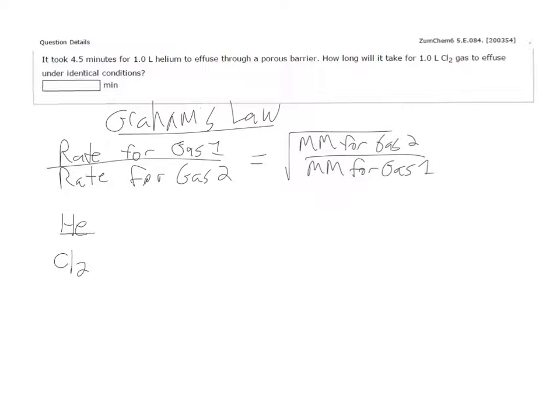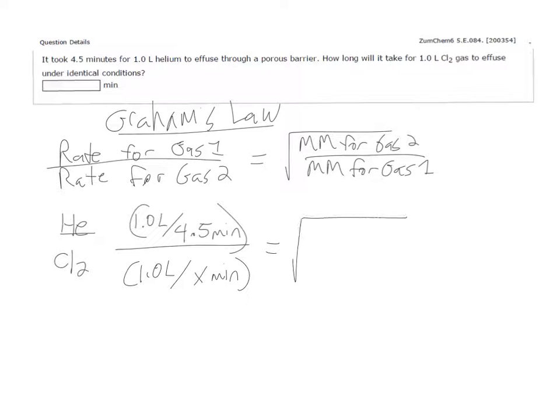Helium's rate is 1.0 liters for every 4.5 minutes. Chlorine's rate is 1.0 liters for some unknown number of minutes. We'll call it x, but we're going to solve for that x for our final answer.